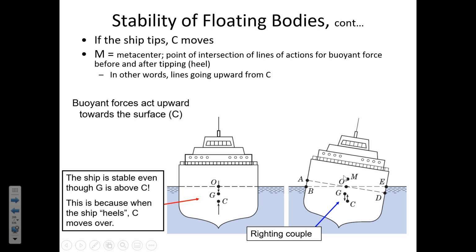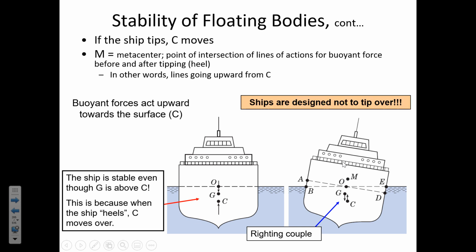The first one was if the center of gravity is below C, but if the metacenter M is above G, the center of gravity, then it's also stable. So that's the second of our two indicators of stability.